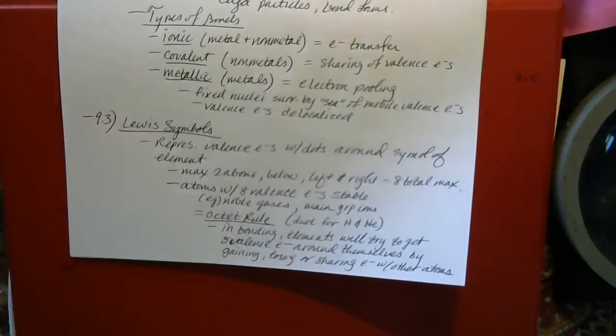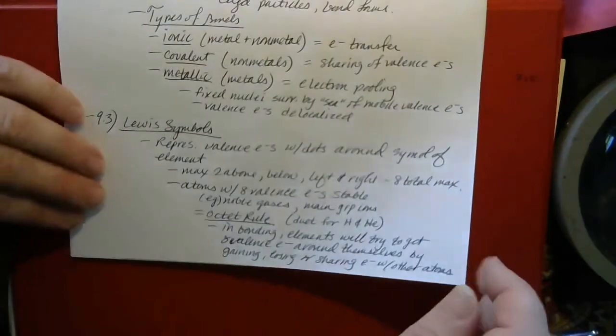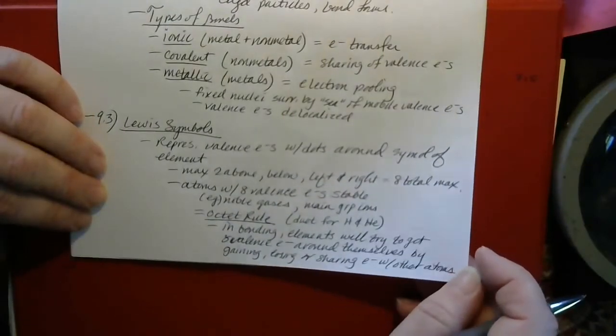Okay, so basically you're trying to get an octet of electrons around yourself by gaining, losing, or sharing electrons with other atoms or other ions.